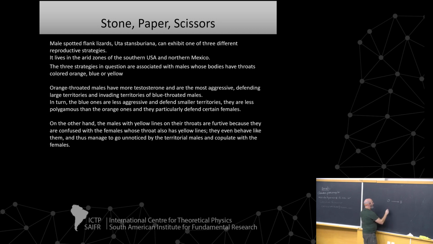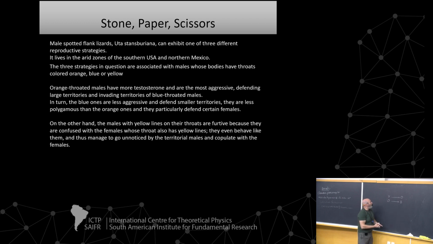But the yellow can defeat the orange also by invading the territories, because the orange males don't know the females, so they don't know if a yellow male is a female or a male.